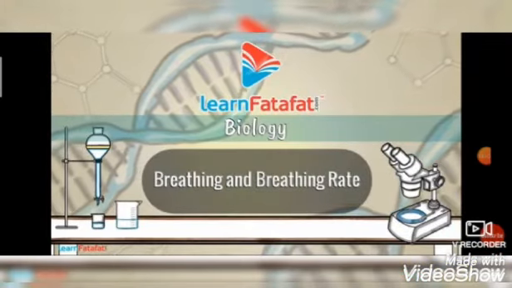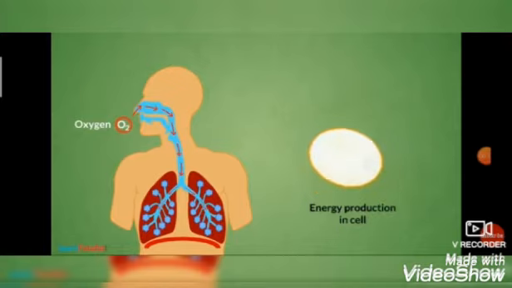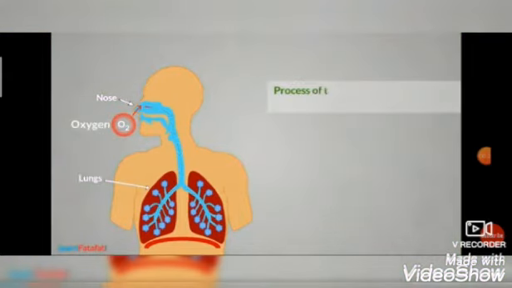Breathing and breathing rate. We need oxygen for various body activities, for example, energy production in the cell. We obtain oxygen from the air around us with the help of the nose and the lungs. It is then used in cells to produce energy.